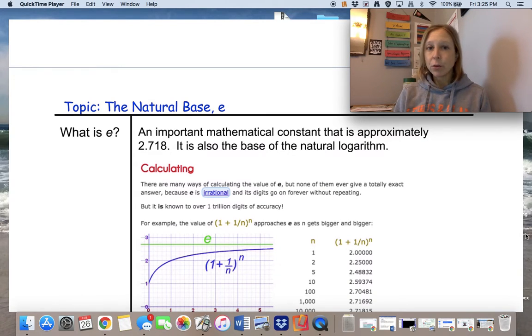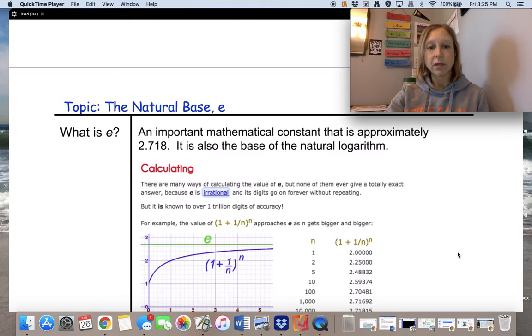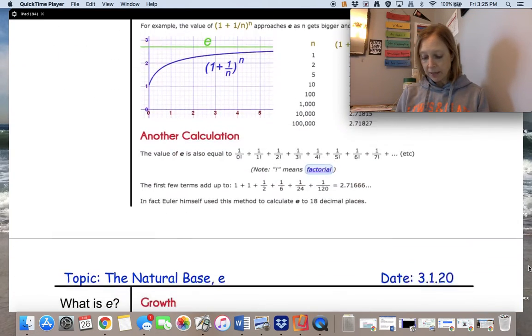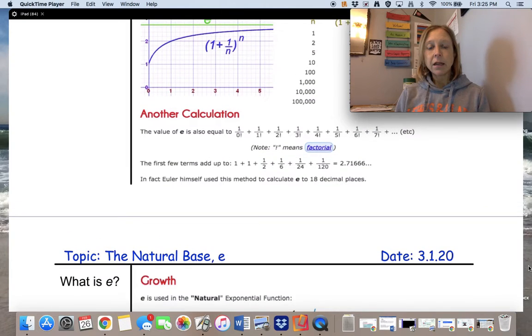So there are numerous ways to calculate e. We looked at one case in class on Monday. That's illustrated here in this first example. A second way we can calculate e is by looking at the sum of the expression 1 over n factorial. So that's what those exclamation points are.